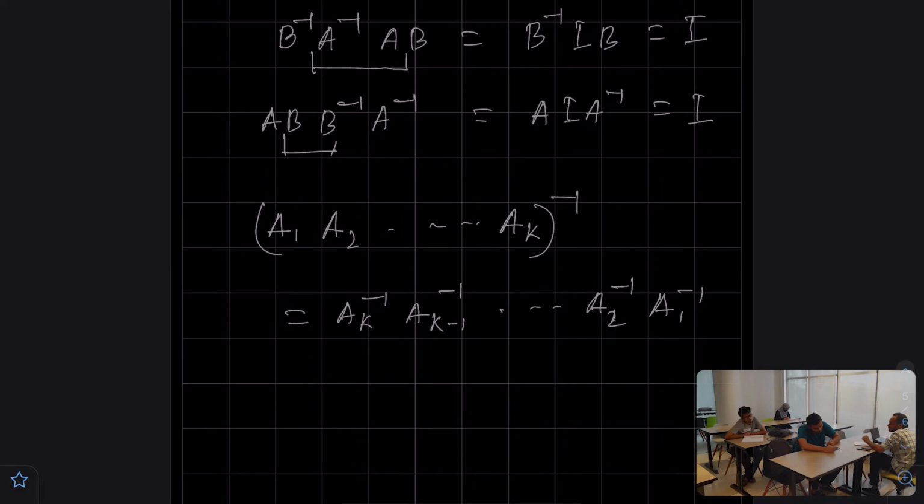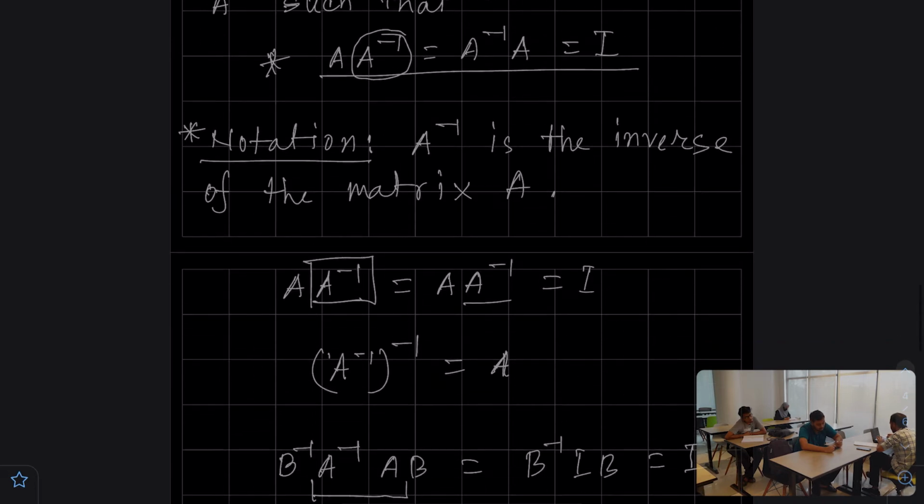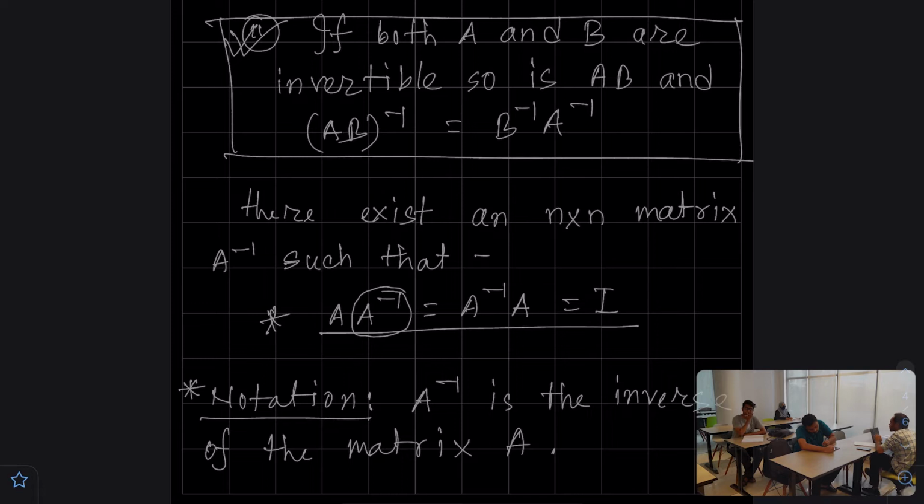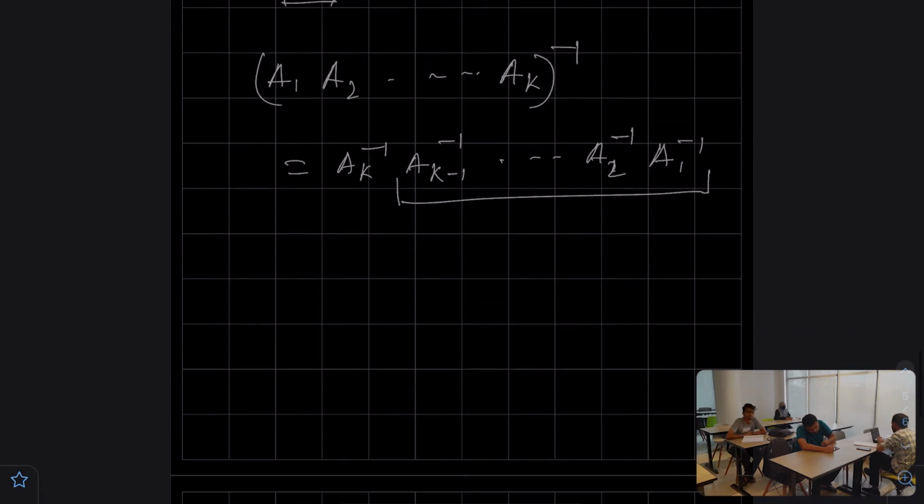You can prove this theorem using induction. You have to take this as a matrix multiplication, then you can apply the previous definition, sorry, this theorem, and then your proof will follow from that.